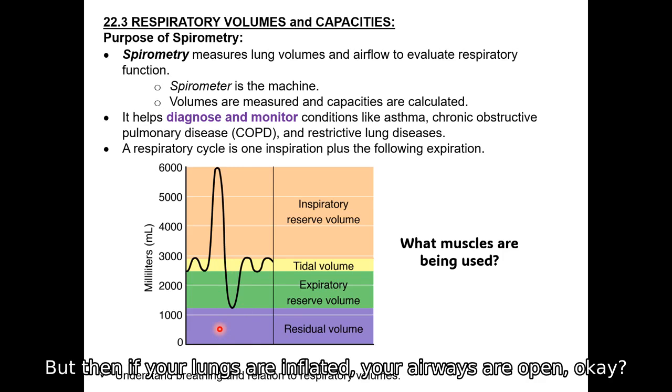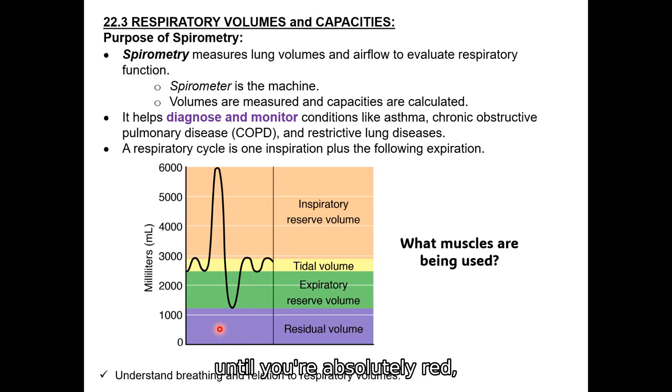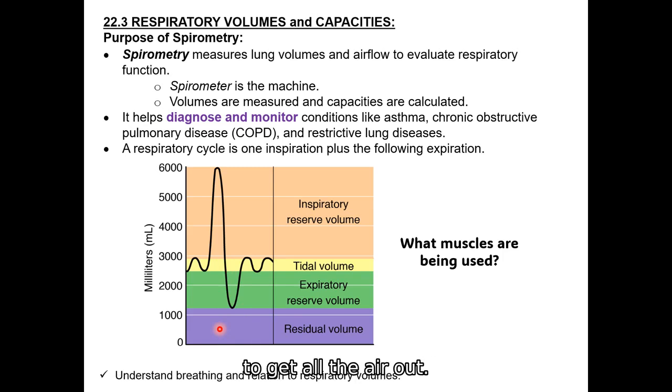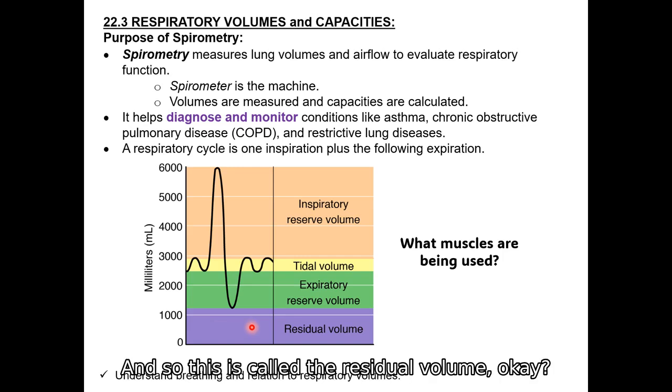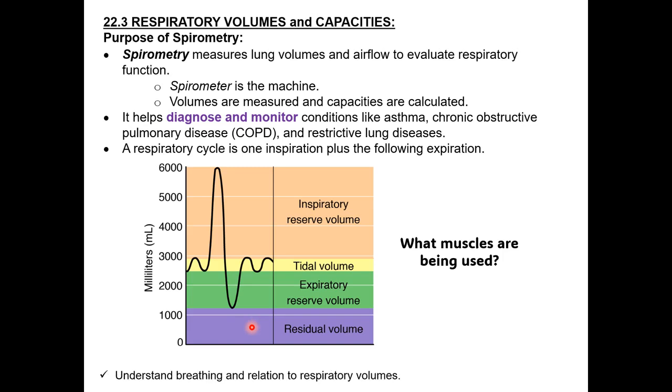But then if your lungs are inflated, your airways are open, okay? And no matter how much you breathe out, till you're absolutely red, you cannot force all that air out. We'd have to remove your lungs, roll them over with like a steamroller or something to get all the air out. And so this is called the residual volume. Okay, so even with the biggest exhale, you still have air inside your lungs.